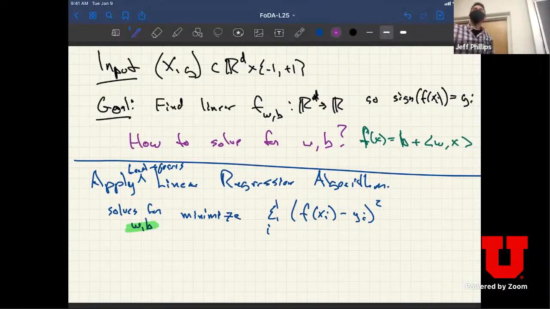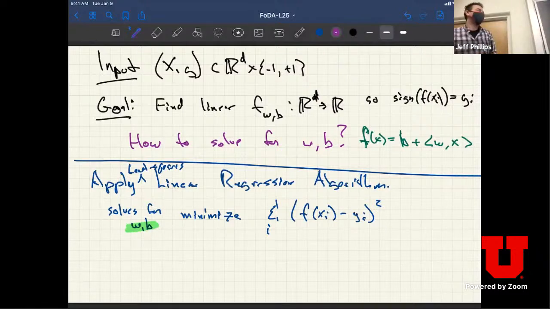So if we got really small error, then the f function would actually give us -1 if yi was negative and +1 if yi was positive. If we could do that, then that would be great. So this linear regression function is not so bad of an idea. In fact, it's not unheard of to solve classification problems this way.